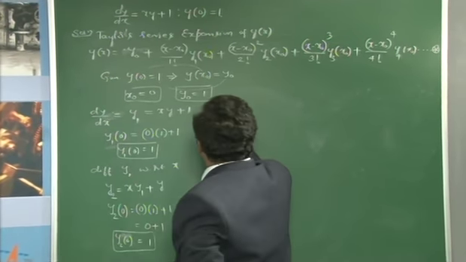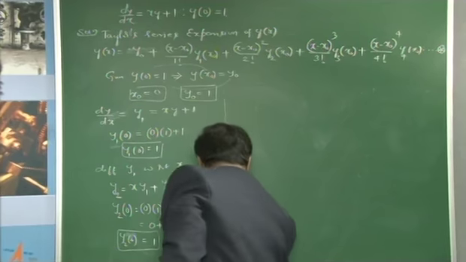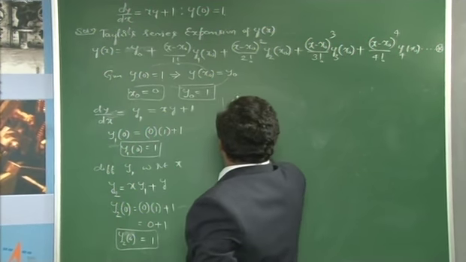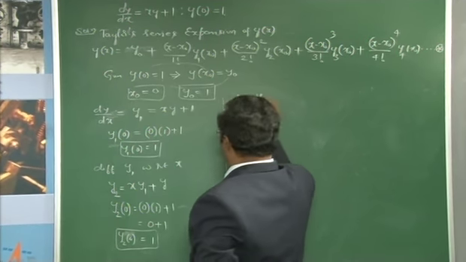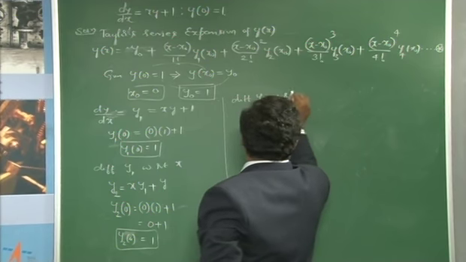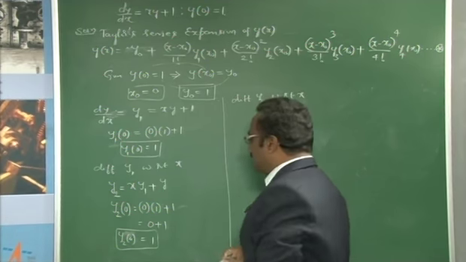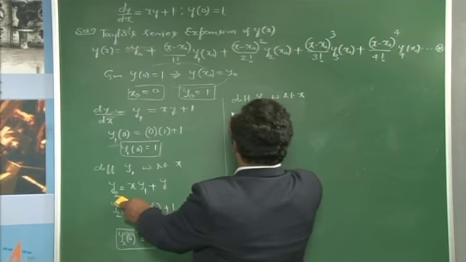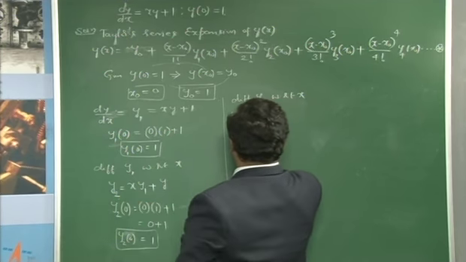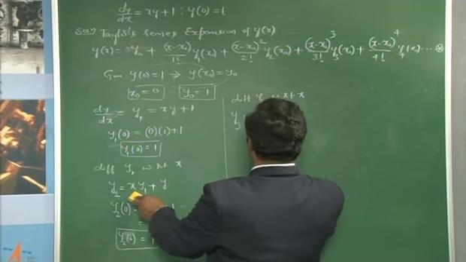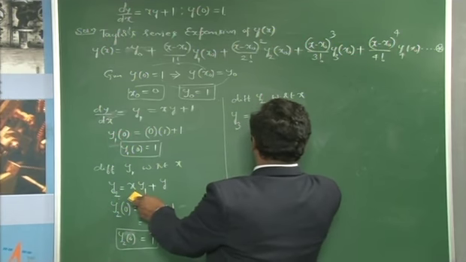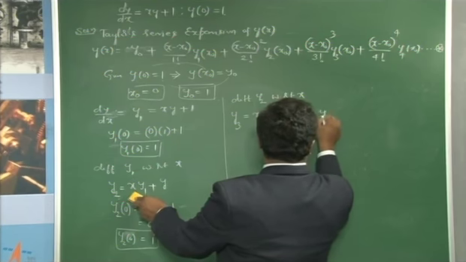Then again I have to differentiate y2 with respect to x, and y2 becomes y3. Again I apply the product rule: first into second plus second into first, and y becomes y1.